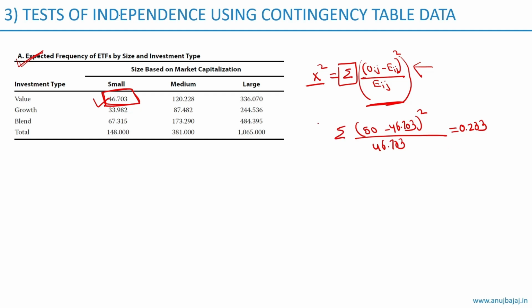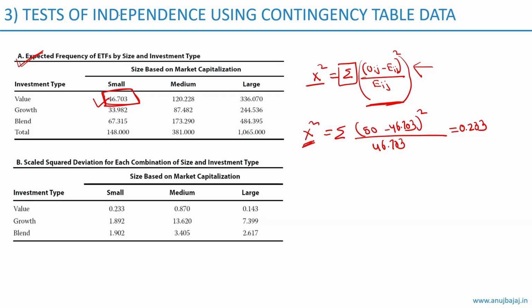We add all of them and we get our test statistic. So this is the table of scaled squared deviation for each cell. This is the term that we have calculated and we have 8 more such terms. If we add all the terms, we get our test statistic to be 32.08025. Now we compare this test statistic with the critical value.